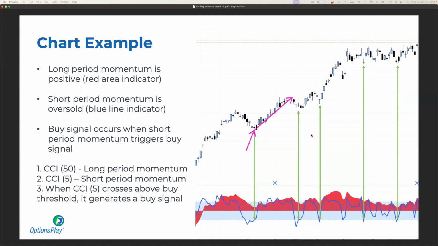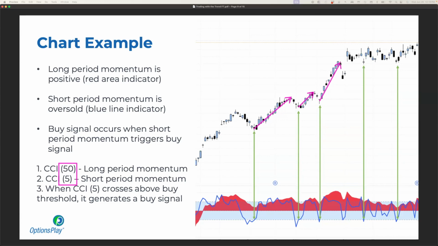And this specific set of indicators that I'm showing you here, specifically using the 50 period and the 5 period CCI, which is again the commodity channel index, as you can see, triggers the signals very close, if not always, at the very lowest bottom candle, right?